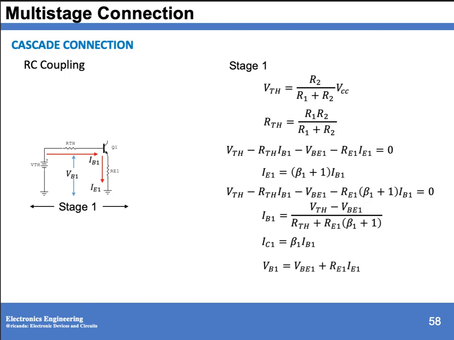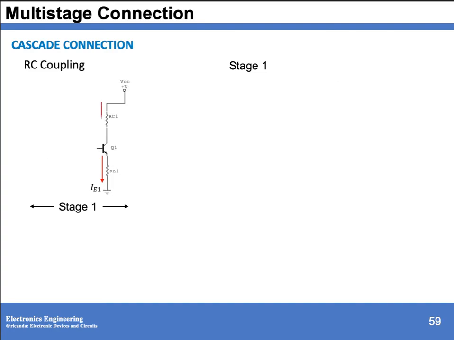For IC1, that is beta 1 IB1. The voltage at the base with respect to the emitter is VBE plus the voltage drop across RE1. The voltage at the emitter is the voltage drop across RE1, or RE1 times IE1. At the output side of stage 1, we have VCC minus RC1 IC1 minus VCE minus RE1 IE1 equals 0.